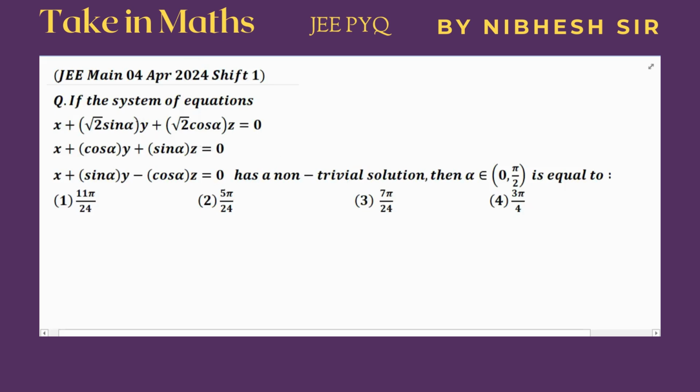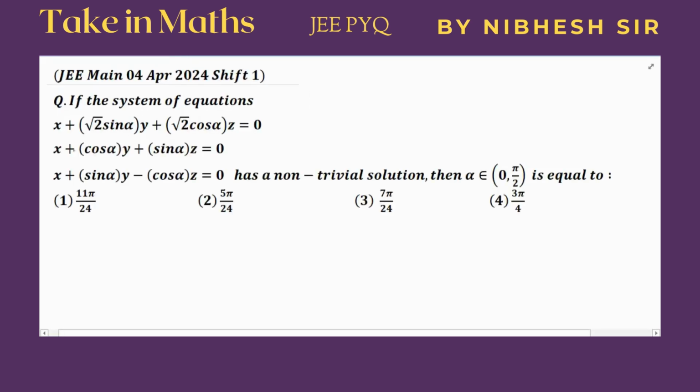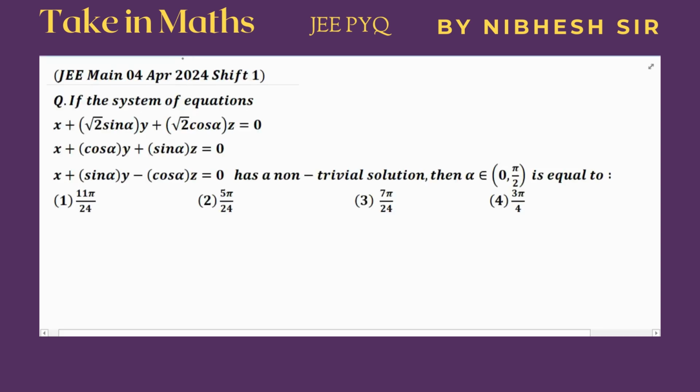So we have here the matrix A, that is the coefficient of the variables, and delta is its determinant. The coefficients of the variables: the first row will be 1, root 2 sin alpha, root 2 cos alpha. The second row will be 1, cos alpha, sin alpha.